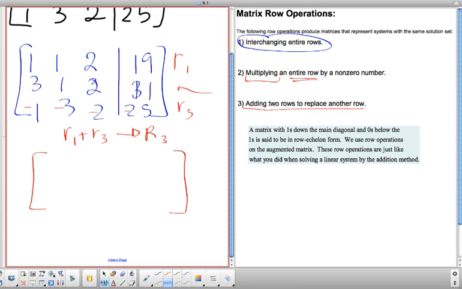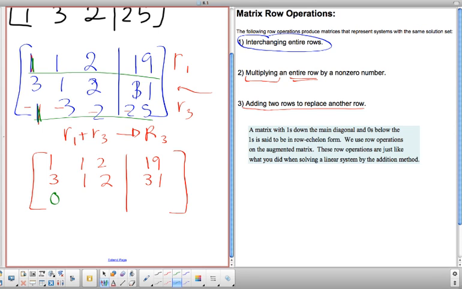The top is going to stay the same. The middle equation, literally nothing's going to happen to that one. But the bottom, I'm going to add the top with the bottom, combine these 2 lines, and put it in the bottom. When I add, I add things that are in the same spot. So 1 and negative 1 make 0.